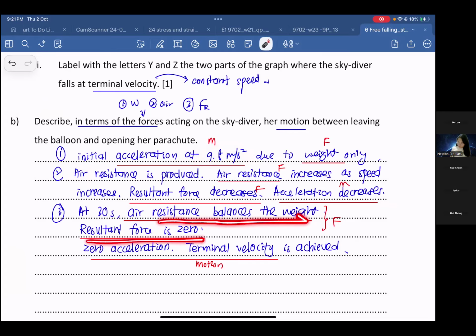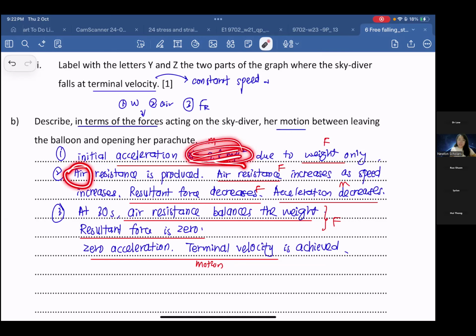Resultant force is zero, zero acceleration, terminal velocity is achieved. Exactly the same way we answer. Just don't mention 9.8 because 9.8 is in the air, and don't say air resistance. We can say drag force or resistance force.